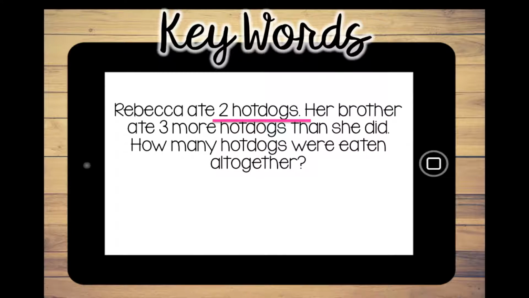We know Rebecca ate 2 hot dogs, and we know her brother ate 3 more hot dogs than she did, but we don't know how many brother ate. And it's asking us how many hot dogs were eaten all together. Go ahead and pause the video and try to write addition sentences to help you understand two-step word problems. Then resume the video to see if your addition sentences match mine.